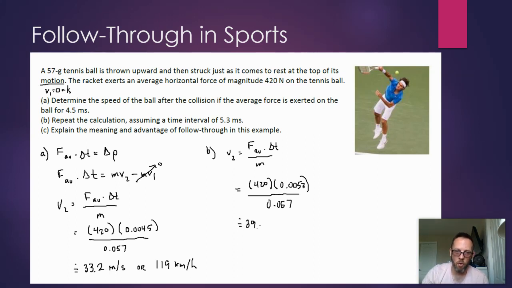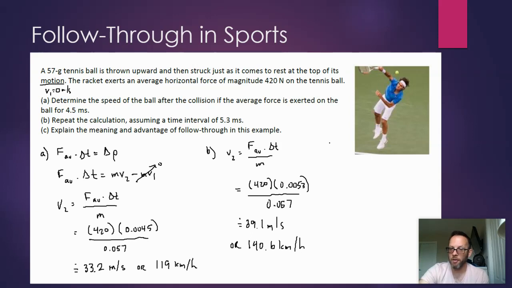So 39.1 meters per second, which is equivalent to, if you multiply it by 3.6, basically 140.6 kilometers per hour. So you can see a drastic change, over 20 kilometers per hour improvement. The idea in this example is, by following through, the player increases the time that their racket is exerting a force on the ball, which leads to a bigger change in momentum and a bigger speed when it leaves the racket.